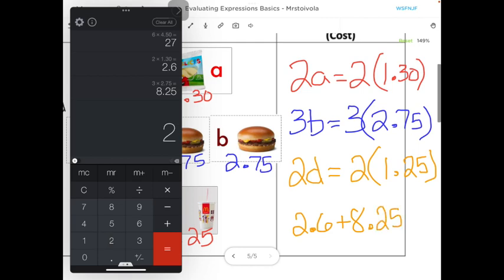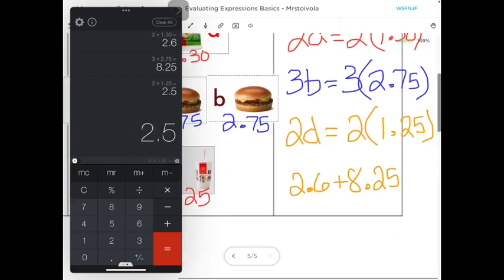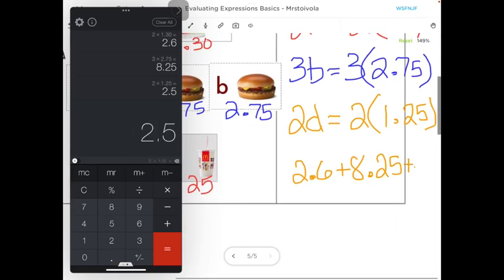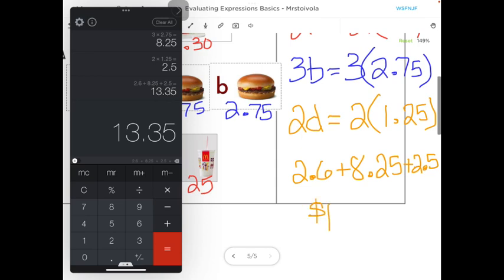And the last, 2 times the drink at $1.25 each, that's $2.50. All right, I'm going to add them together now. 2.6 plus 8.25 plus 2.5 is $13.35. So the cost of this entire meal is $13.35.